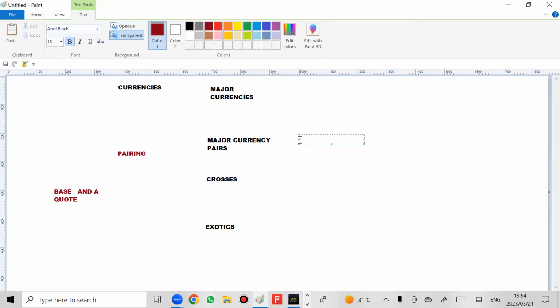We came to know that these are dollar related pairs. And crosses, we said they're non-dollar pairs.